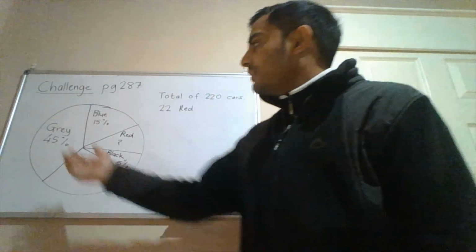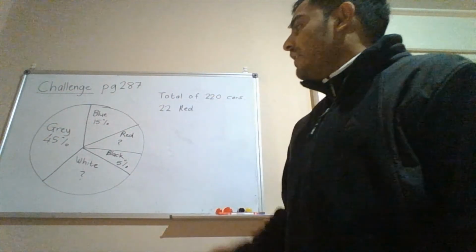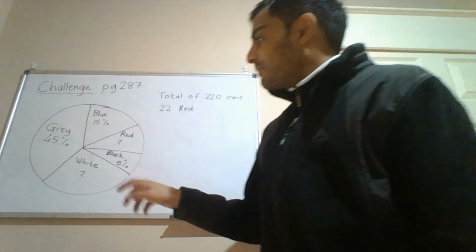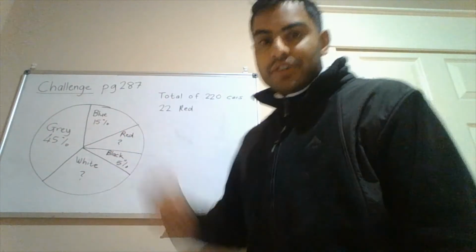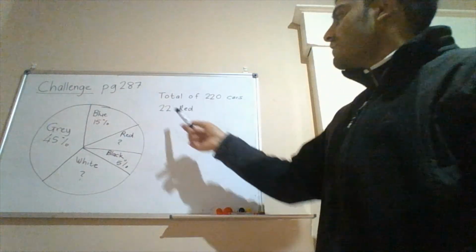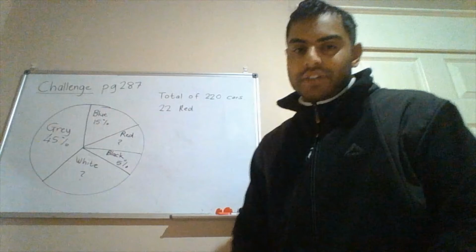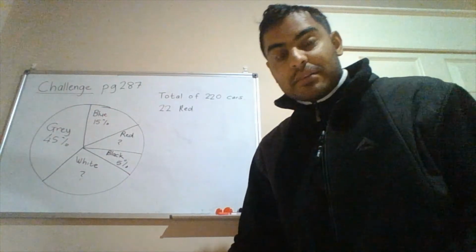For example, there are 45% of gray cars. Now the missing percentages are for white and red. They give us some additional information here that 22 of the cars are red. So now we can easily work out the percentage of red cars.